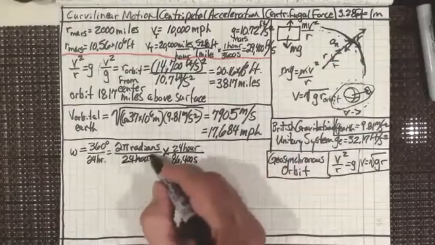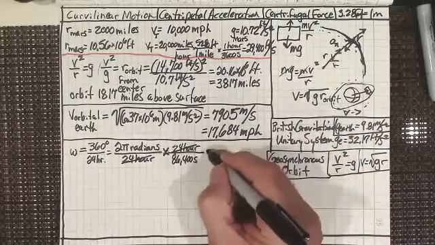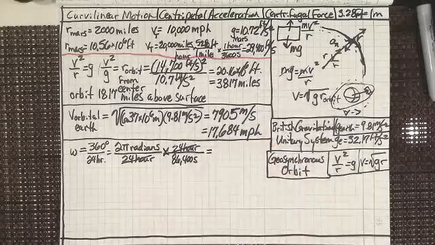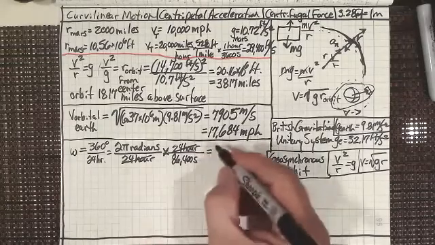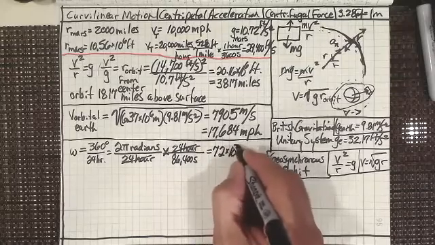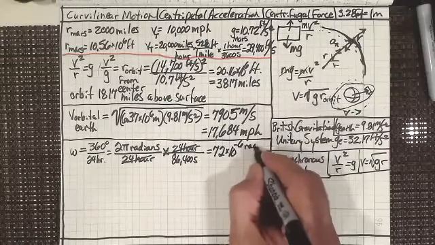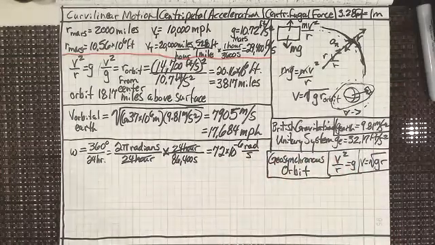So we're going to get rid of that 24 hours, that one day, and replace it with seconds. Now we've got radians per second, don't we? So 2 times pi divided by 86,400 gives me 72 times 10 to the minus 6 radians per second. So that's what our angular velocity of our Earth is, right?